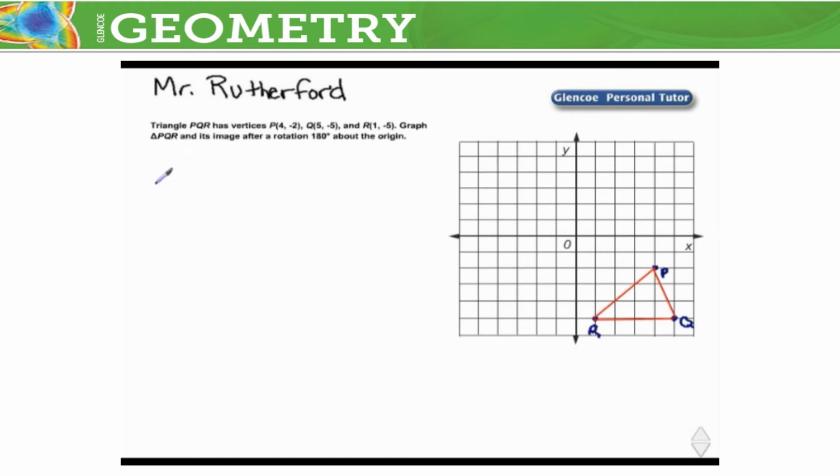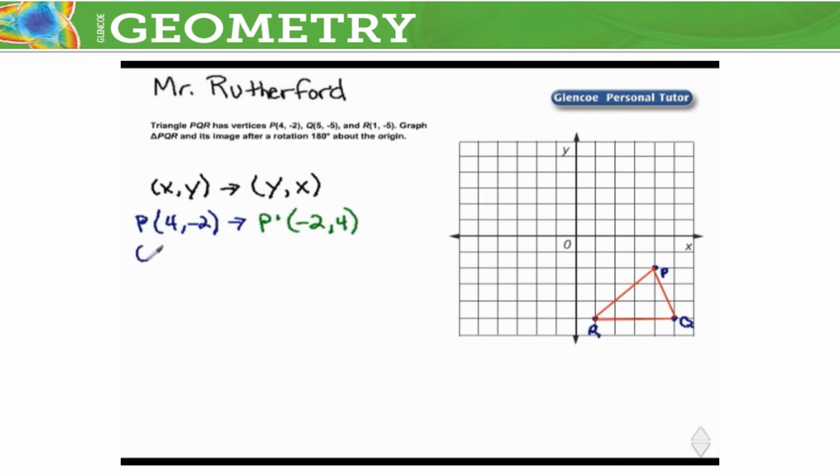So in order to map this and find the coordinates of our image, we are going to have our x and y coordinates mapped from x, y to y, x. So this means that our point P, which is 4, negative 2, will be mapped to P prime. So we'll have negative 2, positive 4.